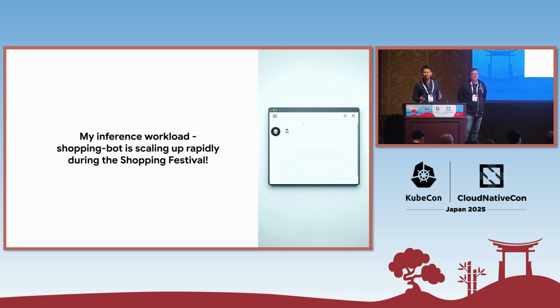And the shopping platform is running a shopping festival, which is going really well. We're posting big sales numbers, and people are, in general, very happy. But at the same time, as the sales keep getting hotter and more popular, I noticed something as the infra team.